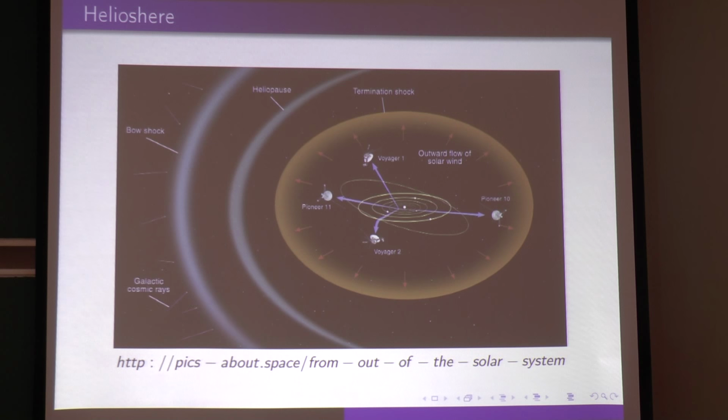The current position of Voyager 1 is about 133 astronomical units from the sun. Voyager 2 is now in the heliosheath in this region, and its current position is about 110 astronomical units from the sun.